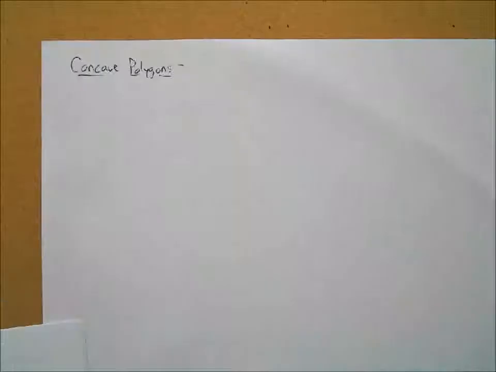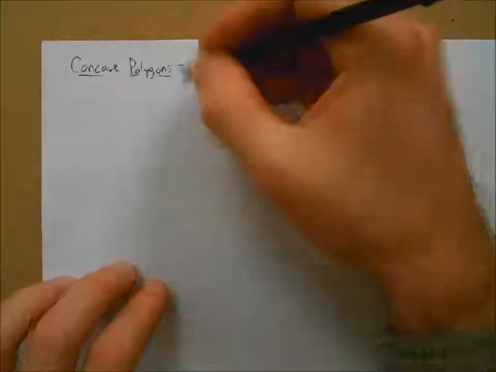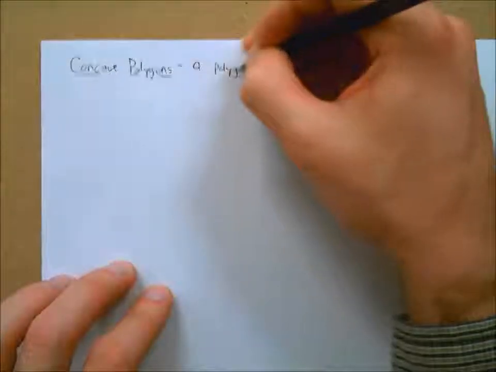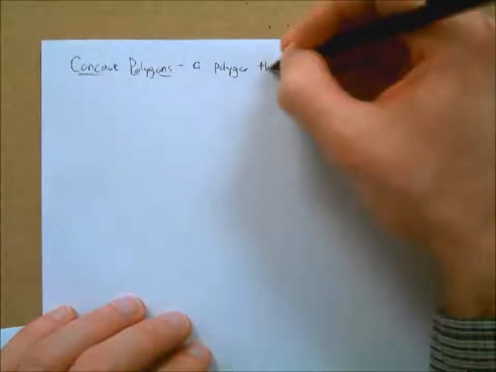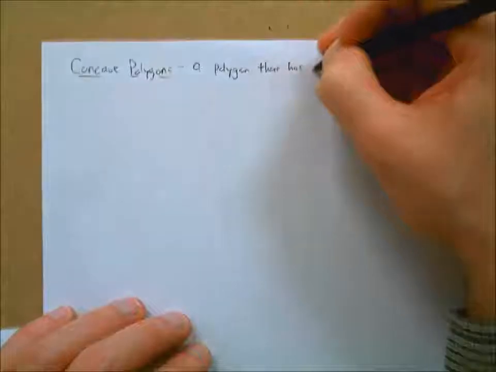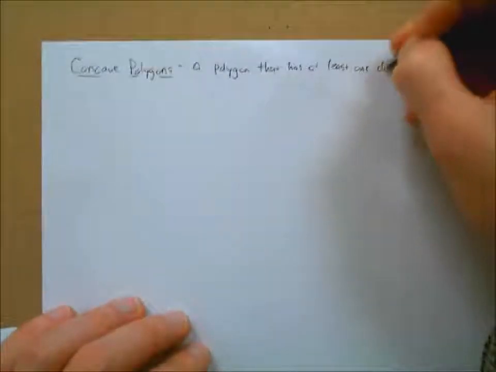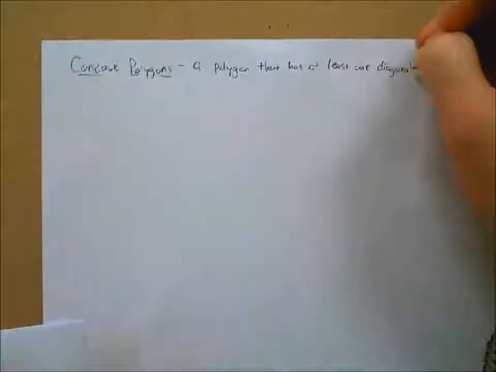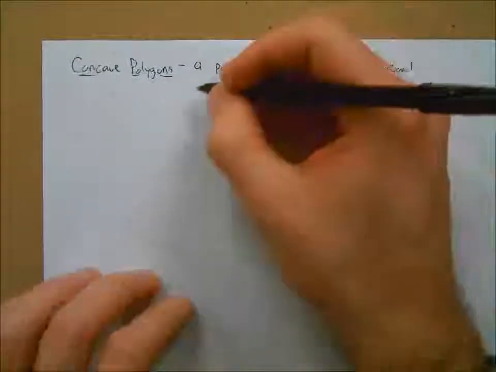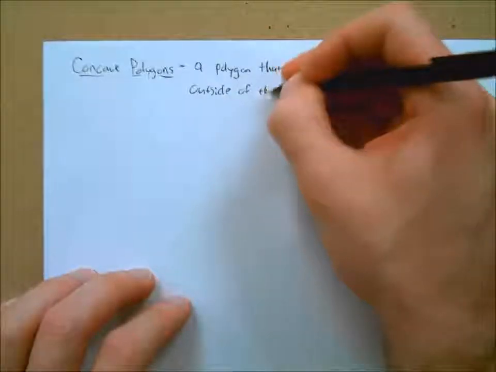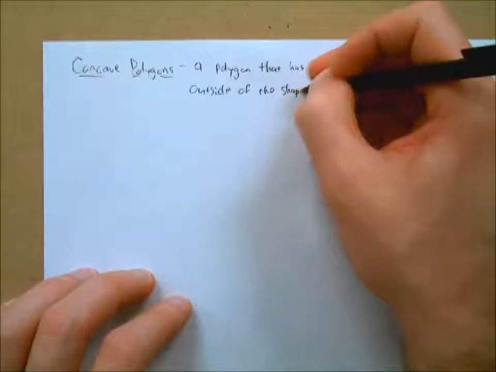You have concave and convex lenses, and the idea is similar to that actually. So a concave polygon is a polygon that has at least one diagonal outside of the shape. This is kind of like a mathematical definition for it.